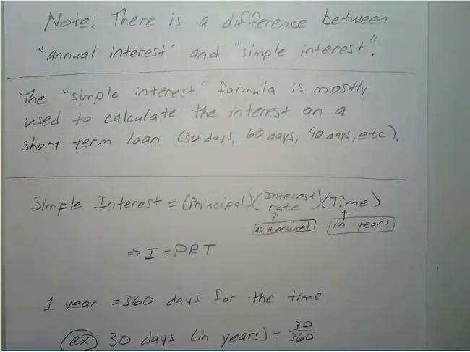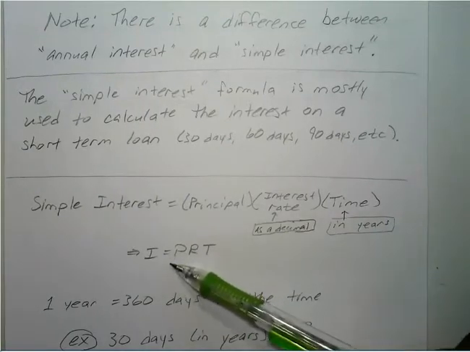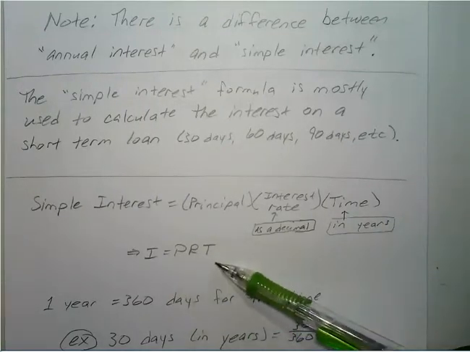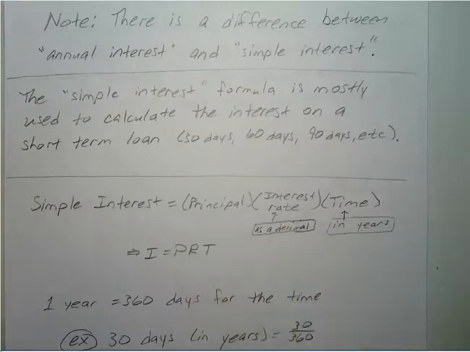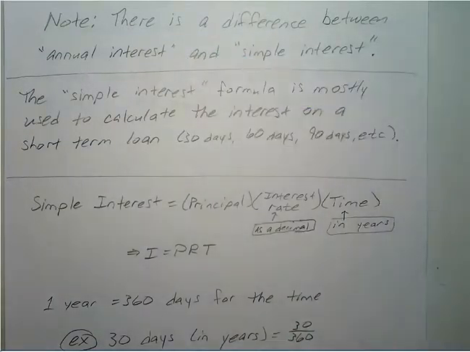So 30, 60, 90 days, something like that. So you may be familiar with this one, you might not, but where the interest is equal to the principal times the rate times the time. That's for simple interest. So if you see a problem that asks for simple interest, then this is the formula you would use. Okay, so it shouldn't be confused with the annual interest problem that we did before.